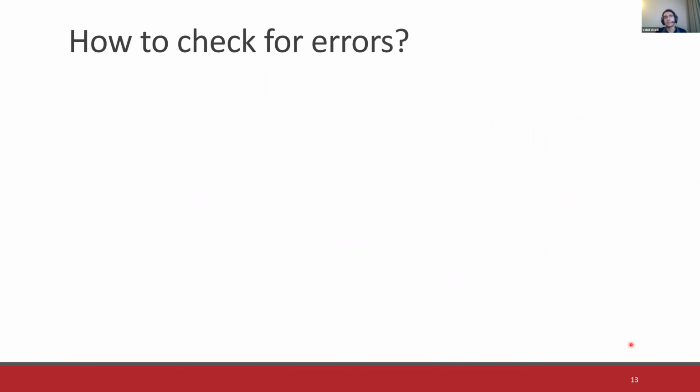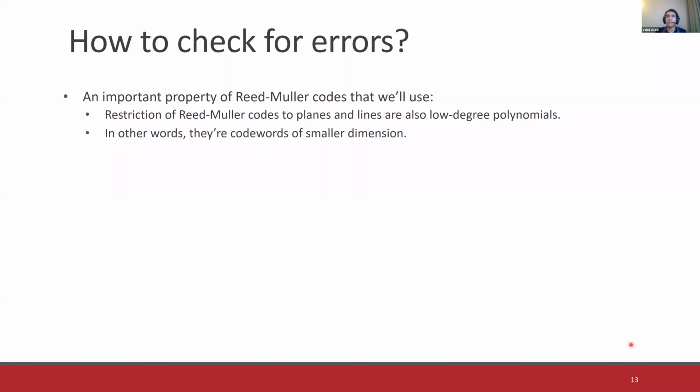So how do we use these Reed-Muller codes, and what property is important for us? An important property that we use is that if you take any plane in this F to the power m hypercube, the restriction of the code word to that plane is also a low degree polynomial.